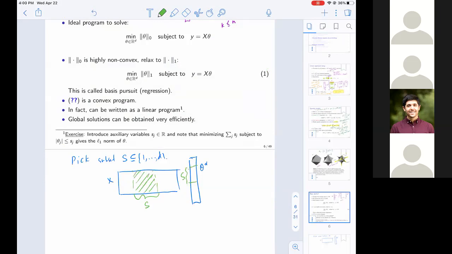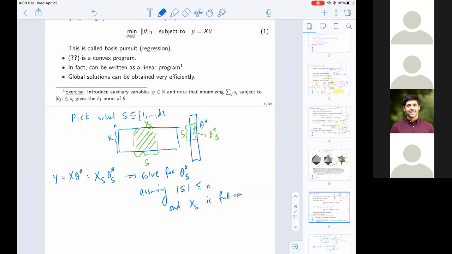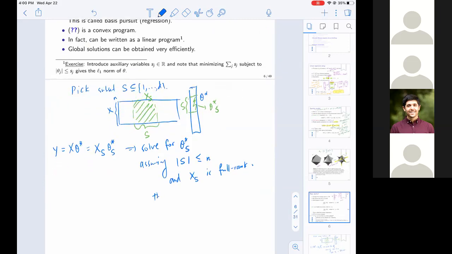And so my problem becomes, this is going to be X sub S, this is going to be theta sub S. And then you can see that X times theta star would be just X_S times theta star S. And so this is equal to Y. And then I can solve for theta star S. Okay, assuming that the size of S is less than or equal to n, this is n dimensional, and X_S is full rank, then the system has a solution.